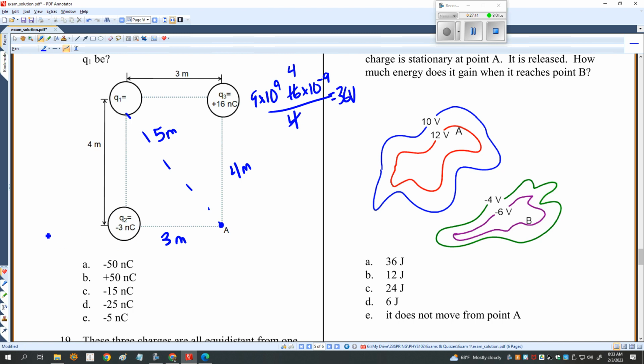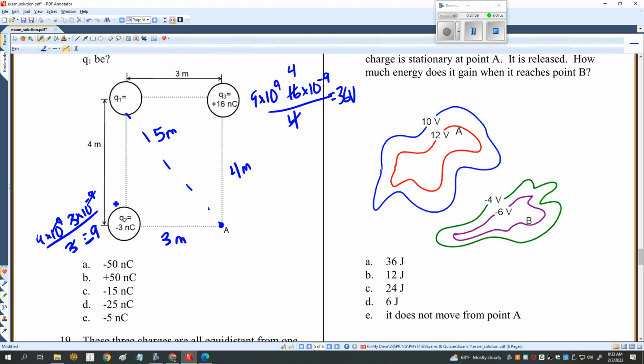Here I have 9 times 10 to the ninth, times 3 times 10 to the minus 9, divided by 3. That's equal to 9 volts. So I need, actually, yeah, this is negative 9.